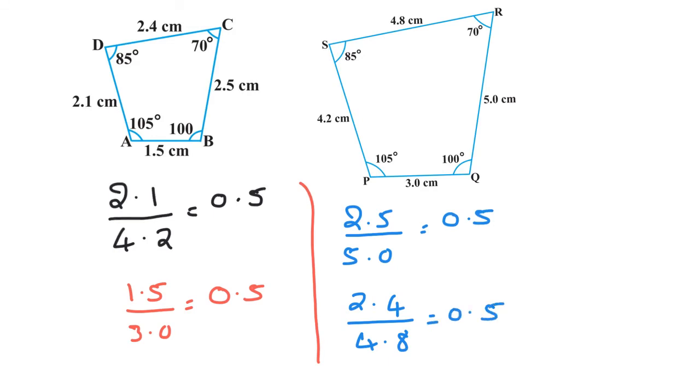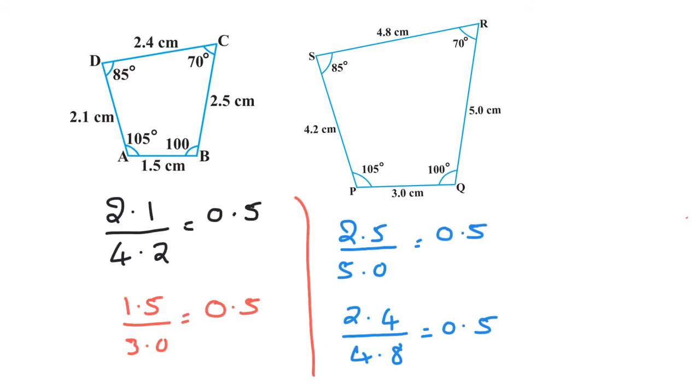Do you observe over here that the ratio of the corresponding sides is in proportion? It's the same. Therefore, both the criteria are satisfied. Corresponding angles are equal and the ratio of the corresponding sides are in proportion. Therefore, these two figures are similar. So we got the criteria to identify whether figures are similar or not.